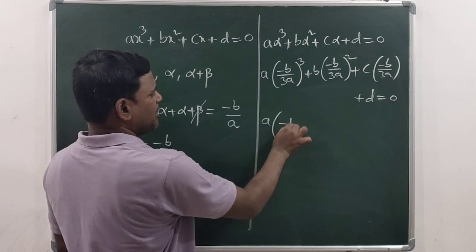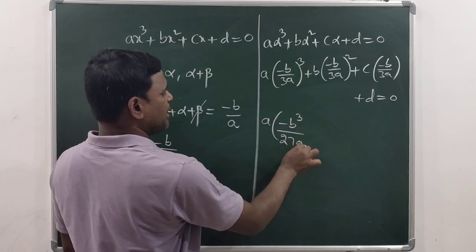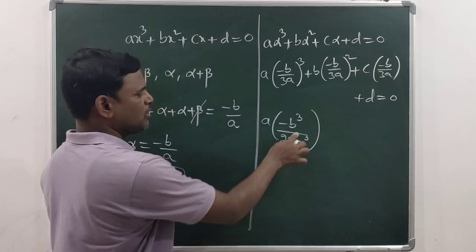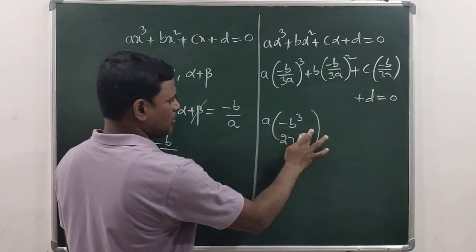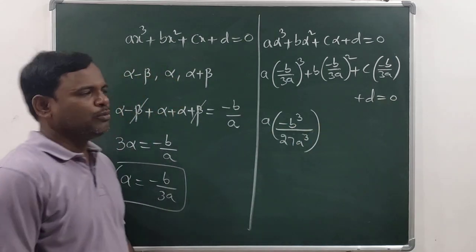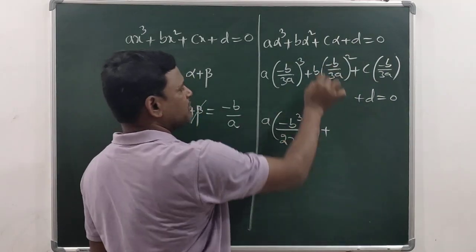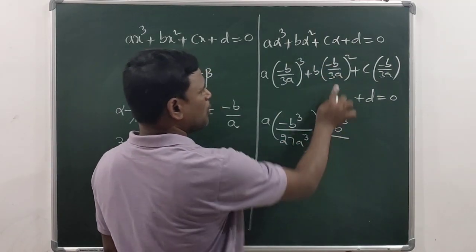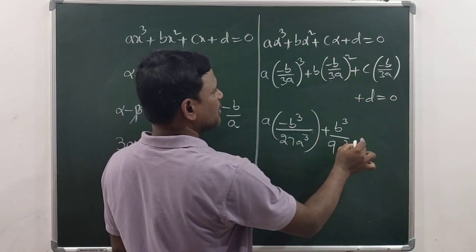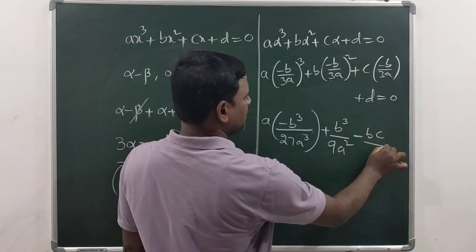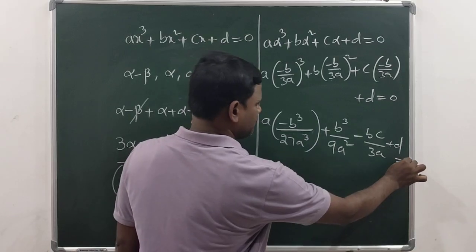Minus power odd number, you will get minus b cube by 27a cube. Now here minus power even number becomes positive: b into b square by 9a square, minus bc by 3a plus d which is equivalent to 0.